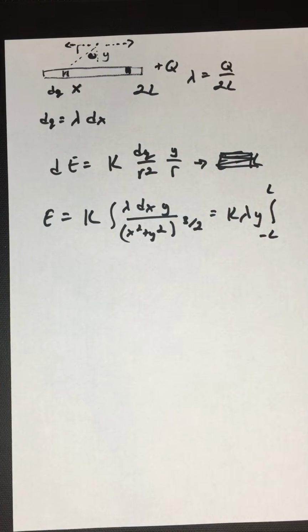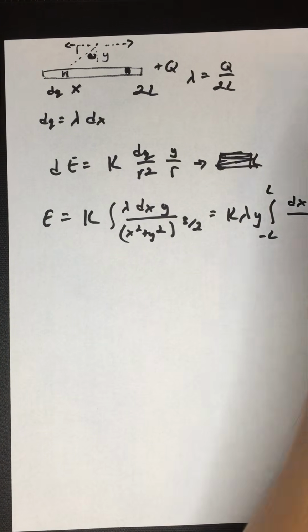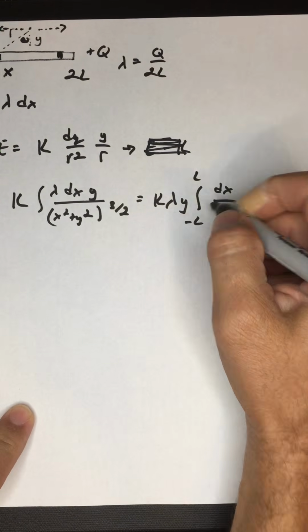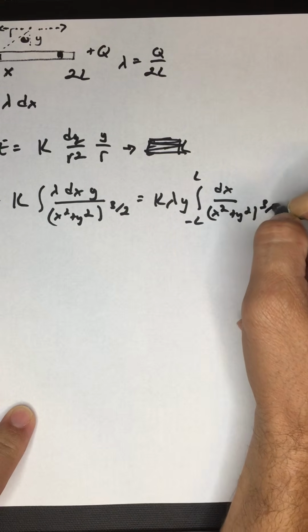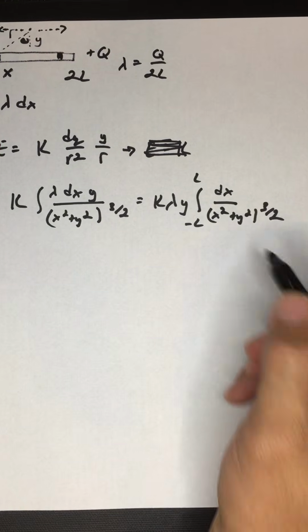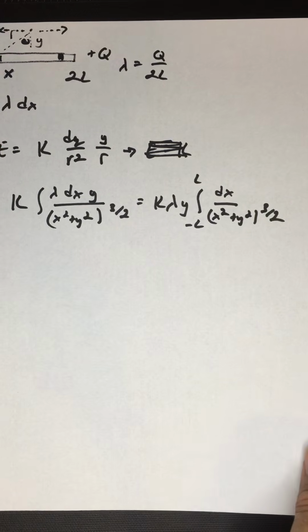That's why I chose 2L, of dx over x squared plus y squared to the 3/2 power. So this integral is what I'm going to be evaluating. Again, feel free to explicitly evaluate that integral if you want to, or feel free to look it up on a table if you want to.